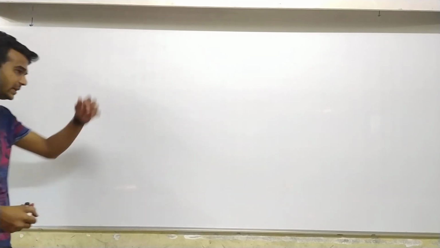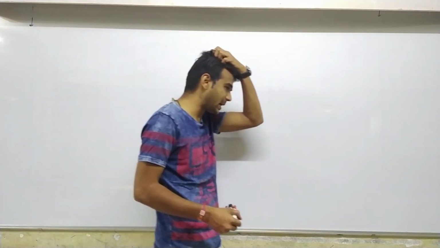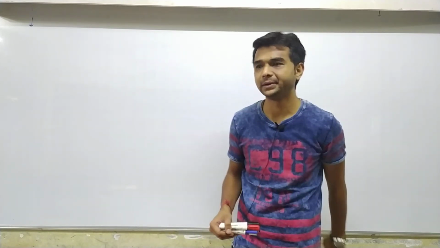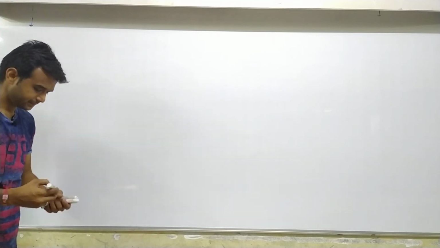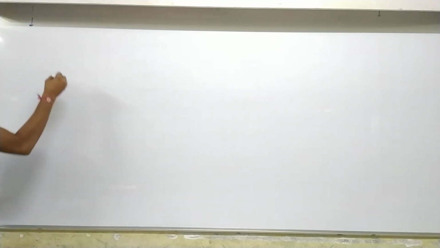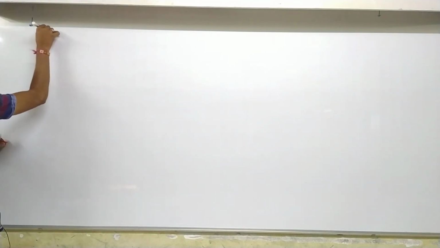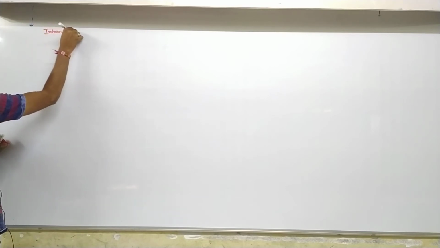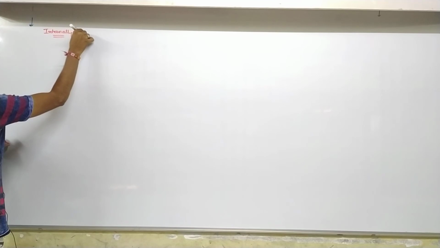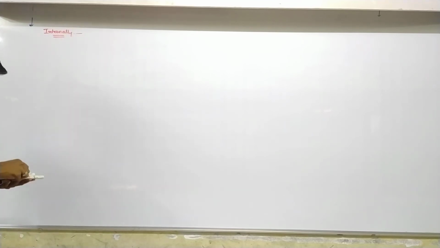Now, externally we have shown each and every part of the heart. Now internally we will see the parts. Okay, now draw one diagram here.